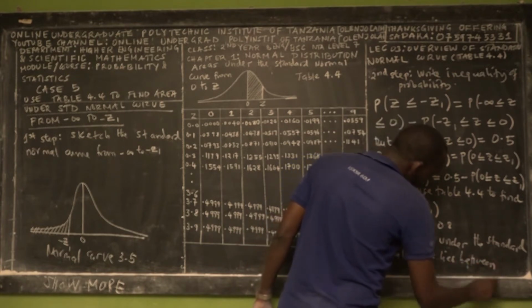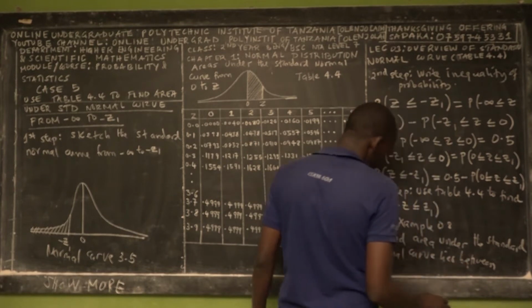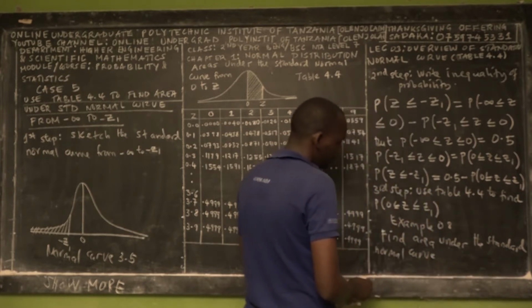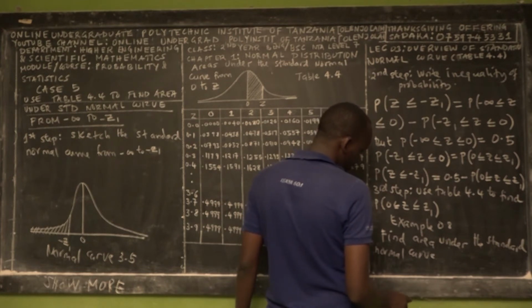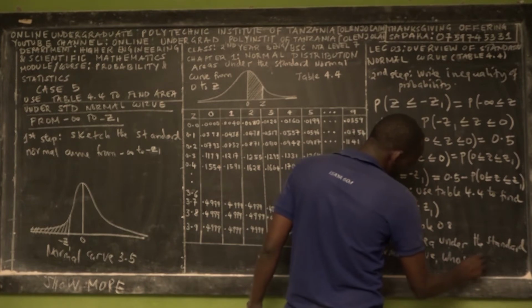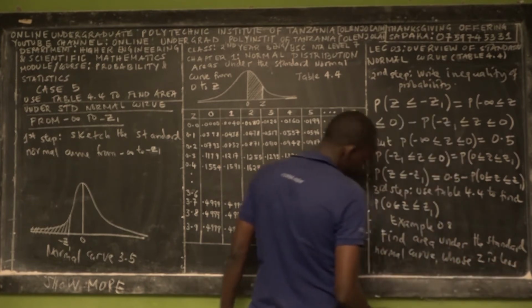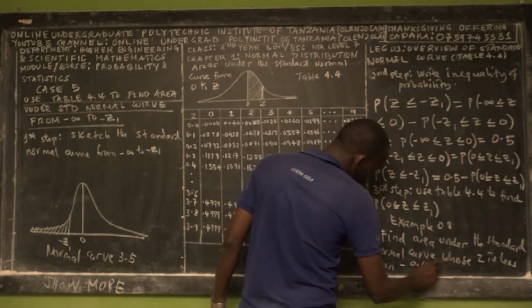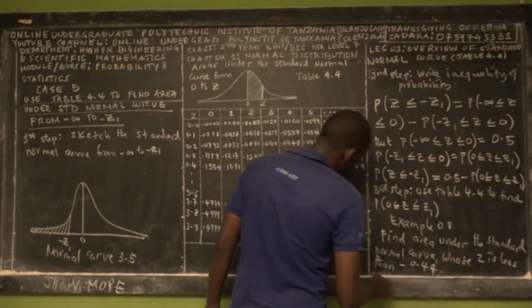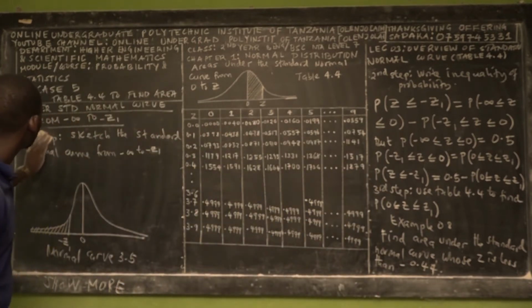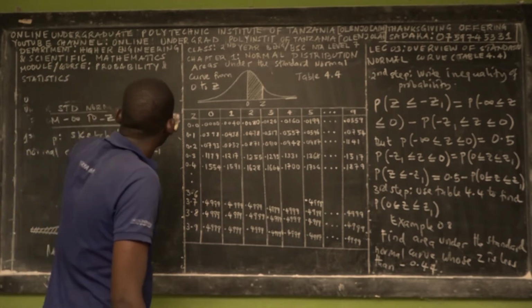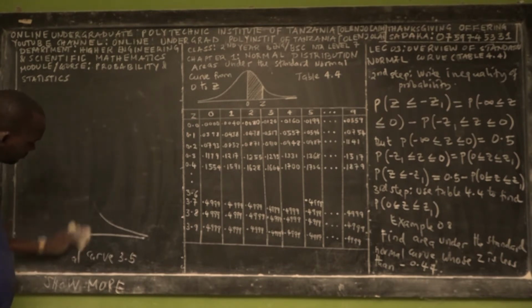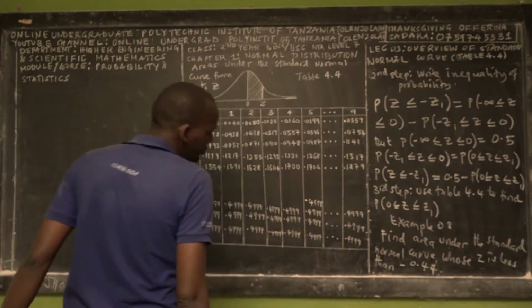that lies in the region whose value is less than negative 0.44, because we want to use this table. Okay, so solution.